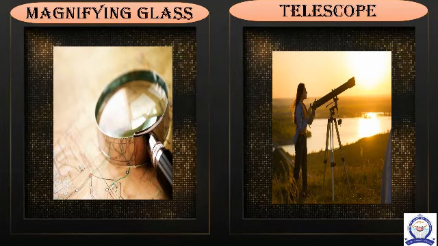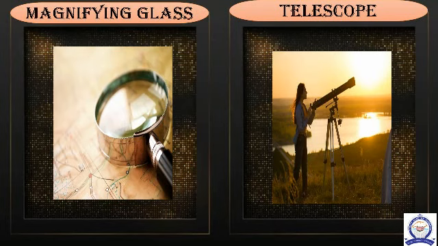The telescope is a device that makes distant objects appear nearer by magnification. Telescopes come in various sizes, from the little plastic toy to the huge Hubble Space Telescope, but the basic principle remains the same.